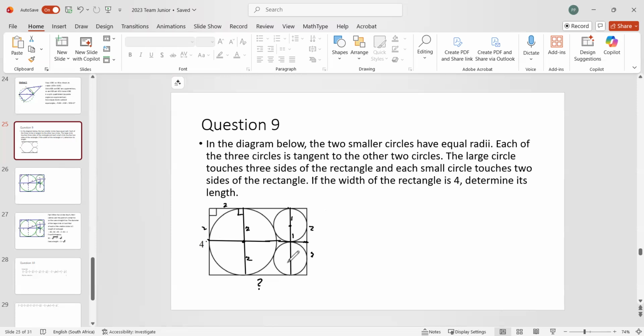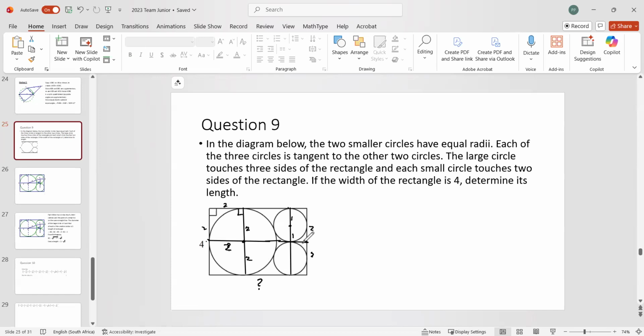Now, in this picture, you can see almost what's going to happen. We need to calculate this entire length here. From here to here, it's 2, because this is a square. It's a radius. There's another 2 here, but there's a little piece here, which we can't calculate straight away.